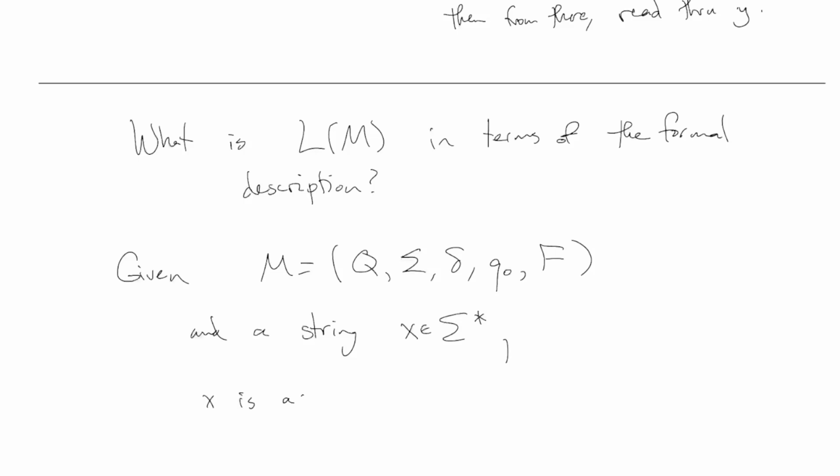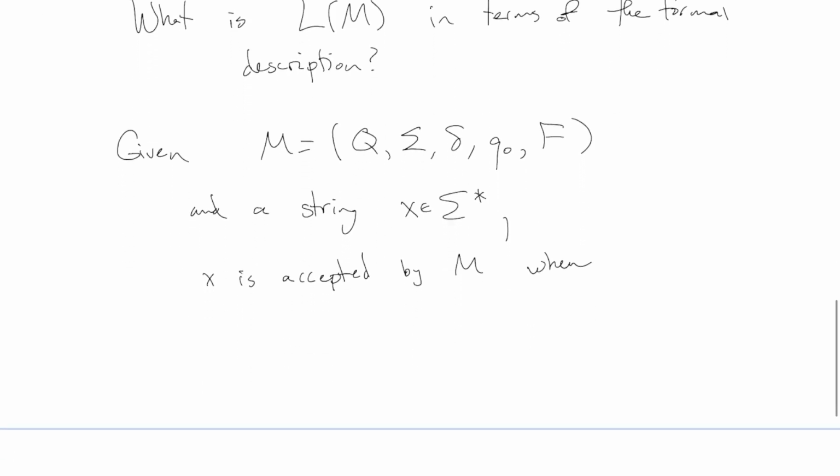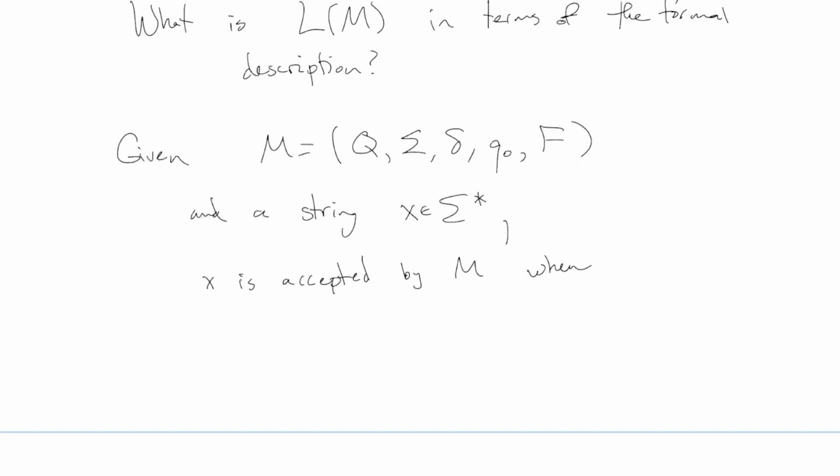X is accepted by M when, well, to say in words, if you start in the starting state and then you read the whole string x and you end up in an accepting state, then it should be accepted, all right?